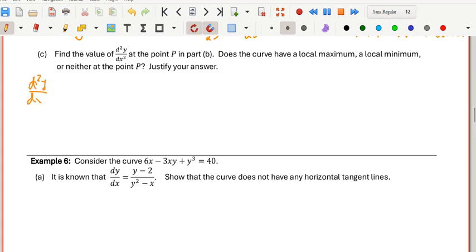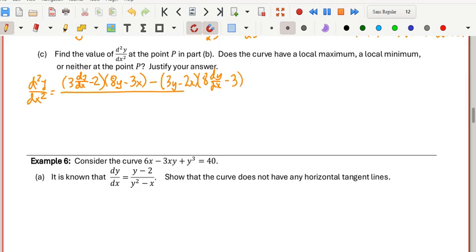So d squared y dx squared: the derivative of the numerator times the denominator, which is (3 dy/dx minus 2) times (8y minus 3x), minus, flipping those two roles, (3y minus 2x) times (8 dy/dx minus 3), all over (3y minus 2x) squared.